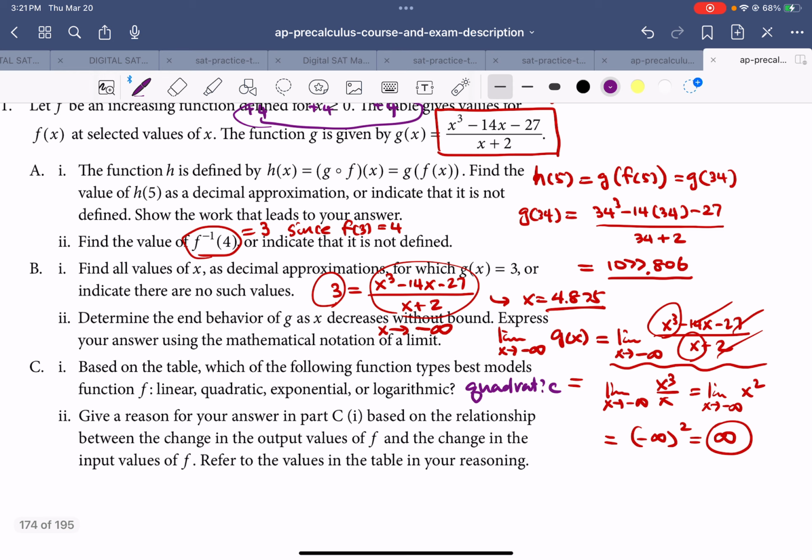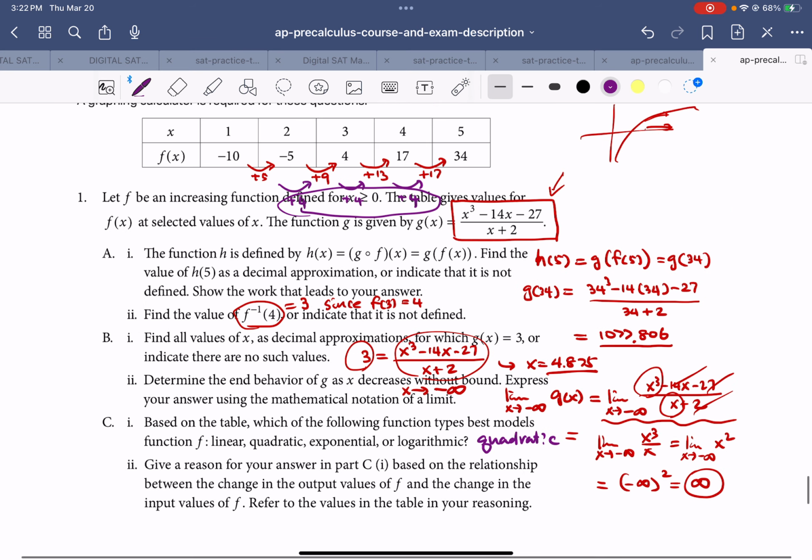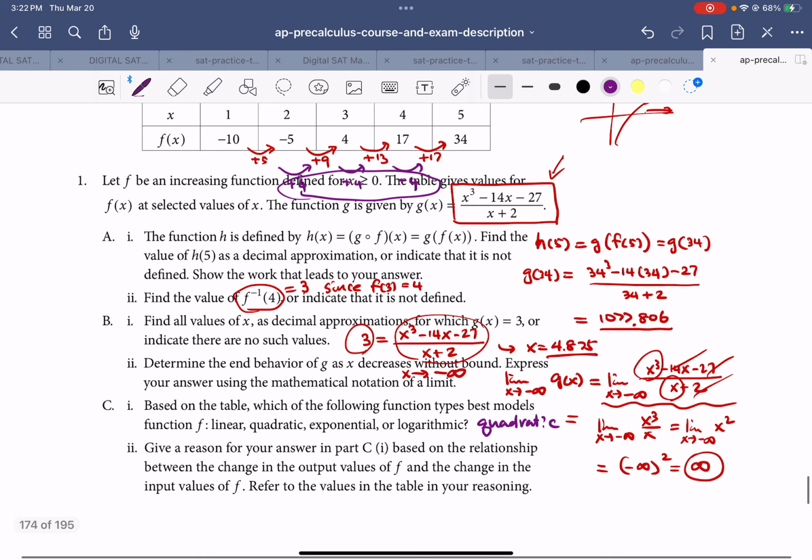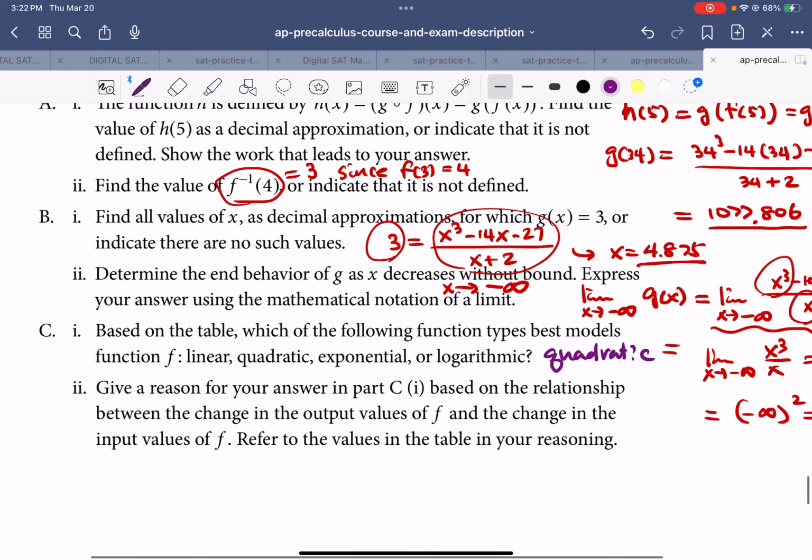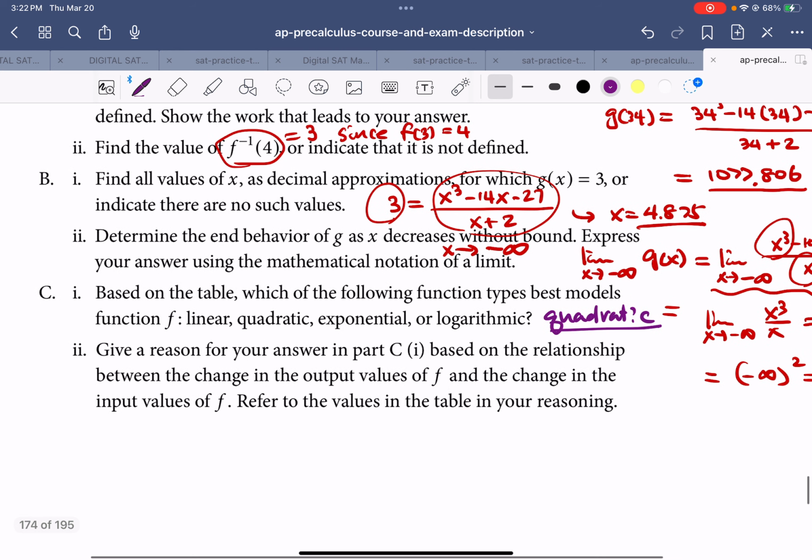Now give a reason for your answer in part C, 1, based on the relationship between change in the output values of f and change in the input values of f. And then refer to the values in the table in your reasoning. Okay, they ask you how you came up with quadratic. So you can say, okay, the second differences are constant, right?